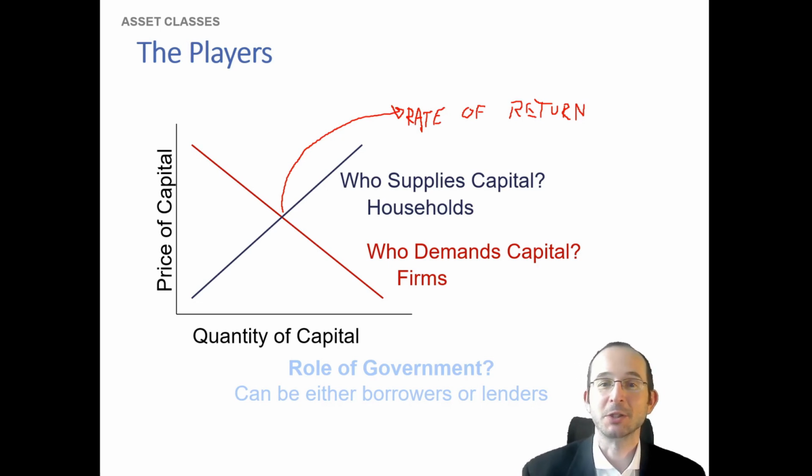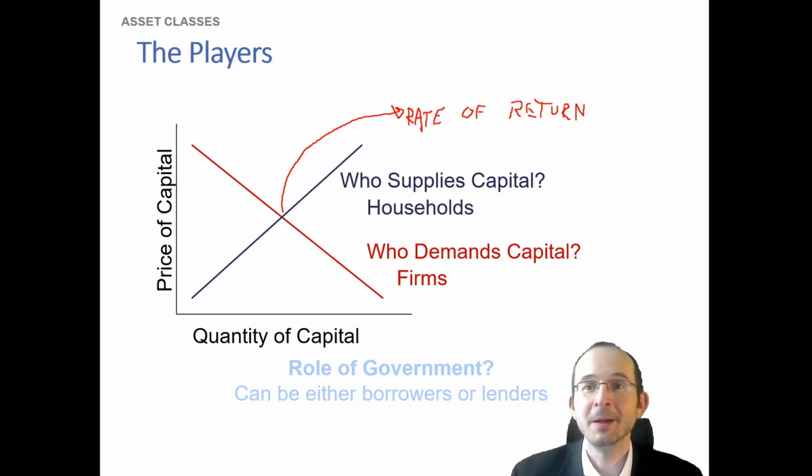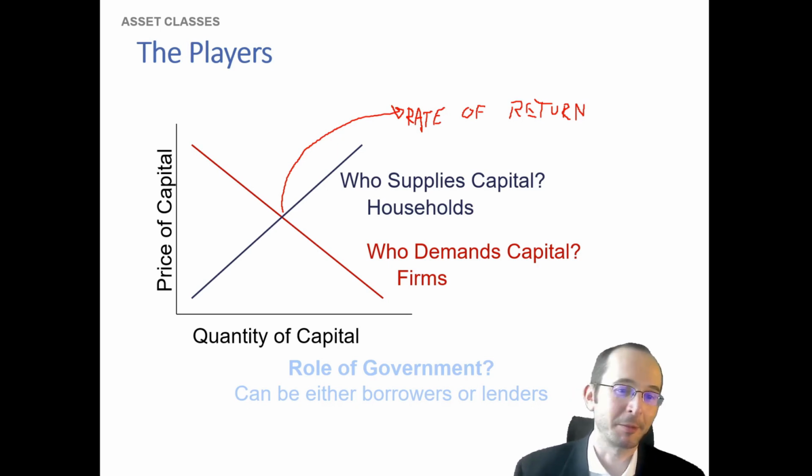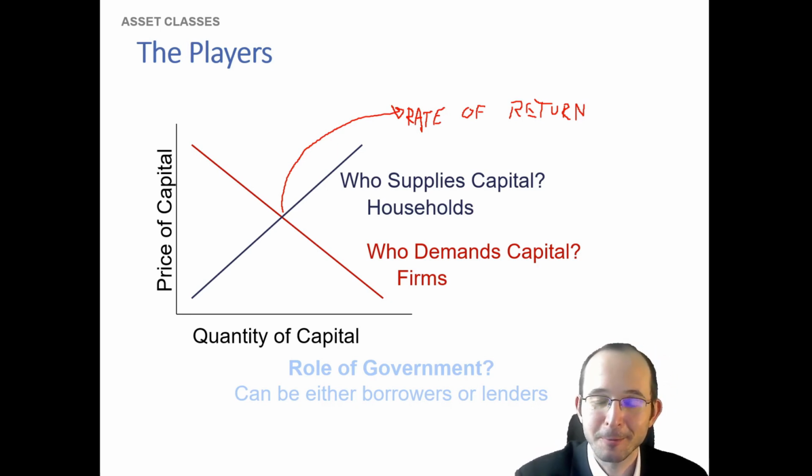So the government can actually serve both roles, being a borrower or a lender. And in fact, this role of government is important in stabilizing the capital markets. If there is all of a sudden a big pullback in the supply of capital by households, the government can step in, maybe through the Federal Reserve, to lend more. And if there is maybe an insufficient demand for capital, the government can step in and borrow more through the sale of treasuries.